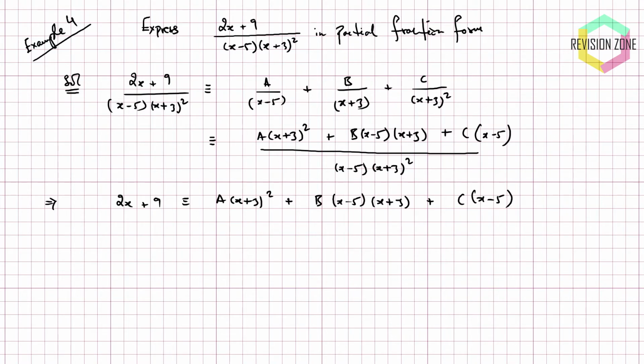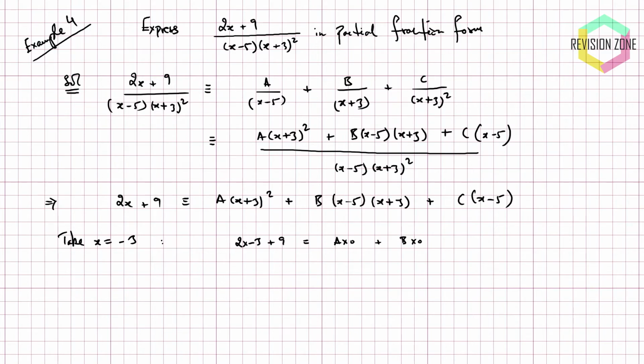And at this stage, we're going to pick values of x strategically to try and evaluate and work out values of a, b, and c. So I'll take x equals, let's say, minus 3, because the minute I take minus 3, then that goes away and that goes away. So I'm just going to quickly write down that gives me 2 times minus 3 plus 9 equals a times 0 plus b times 0.